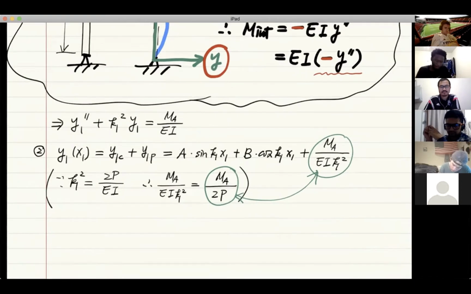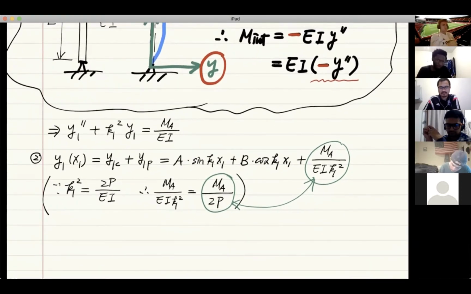Professor, can you clarify something really quick? The sine k1 x1, is that sine of k1 times x1? That is always sine of k1 times x1. So it's the sine of that whole thing? Yes. Okay, awesome. Sure.